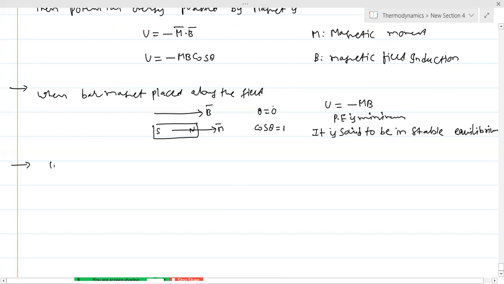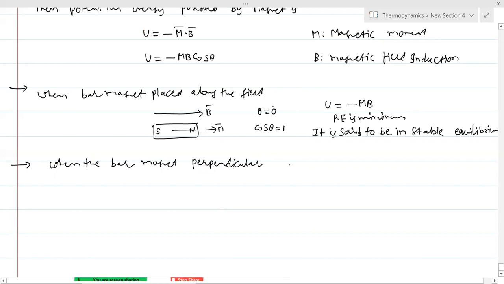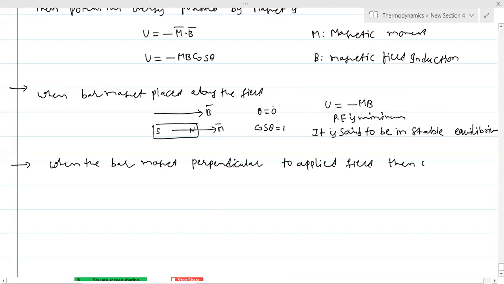Or suppose I am taking the bar magnet perpendicular to the applied field. Then theta equivalent to 90 degrees.